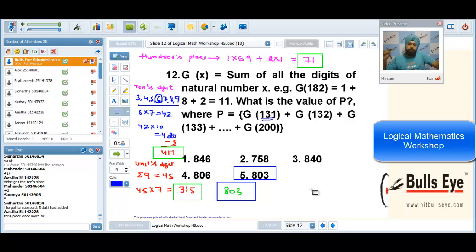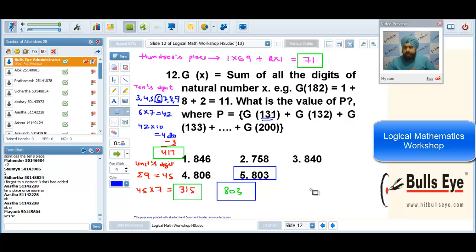And the sum of those digits, which is 42, will occur 10 times each. Now in this 420, we have 1 3 extra, which we finally subtracted. Right guys? So answer becomes 803. Shall I take it? You have got this?